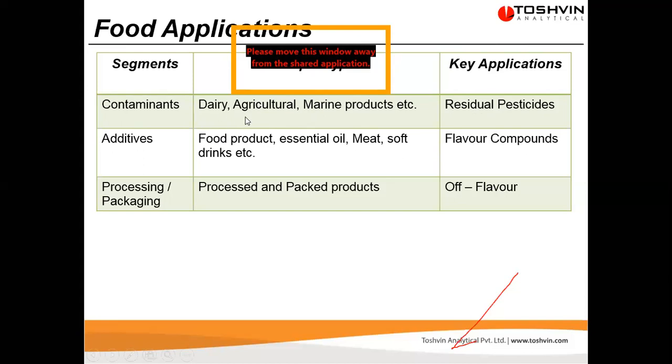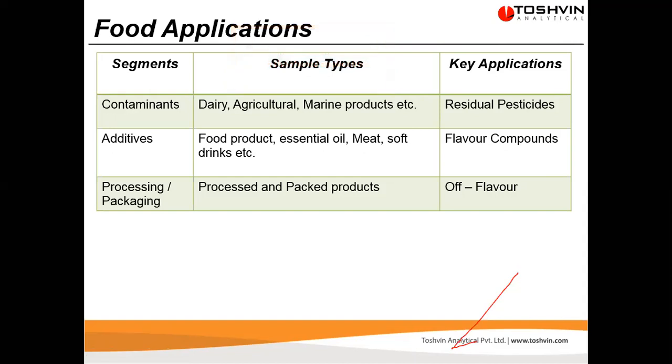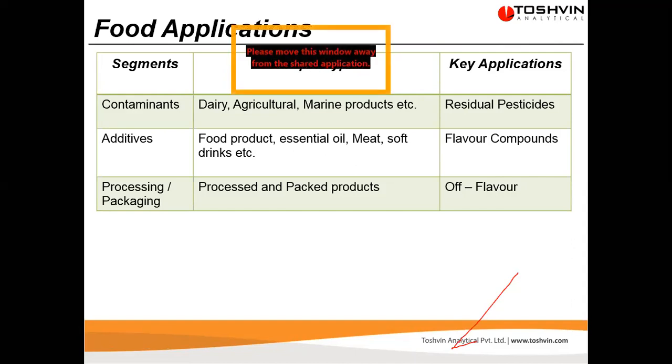So that is about food contaminants: residual pesticide analysis you can do in these commodities. In additives, you can do flavor and fragrance analysis. Again, in this case your headspace will be very useful because flavor compounds are normally highly volatile, so you can analyze them properly through the headspace technique.